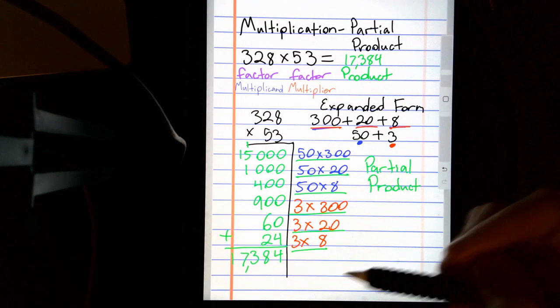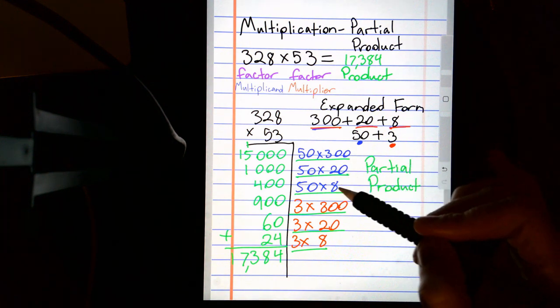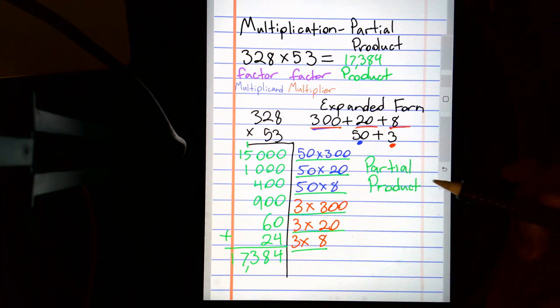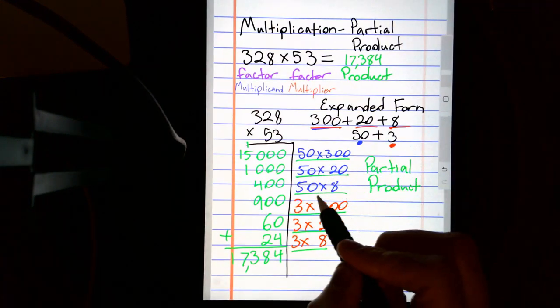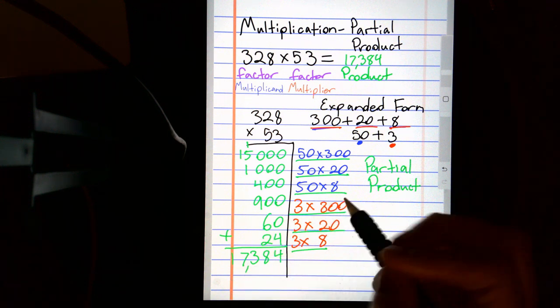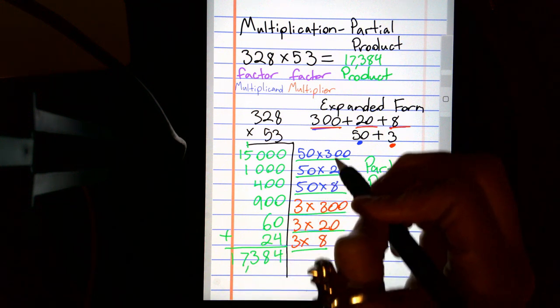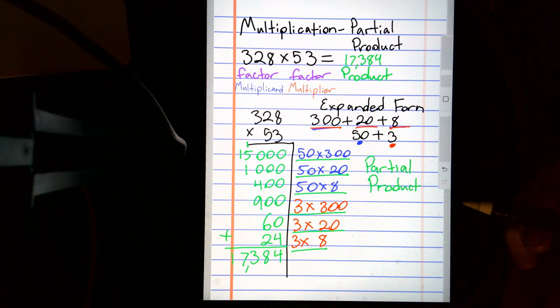It's a little cleaner. This is a nice step by step so you can catch how you multiply, and if you get something wrong, you can easily go back through these steps to catch which mistake you made.